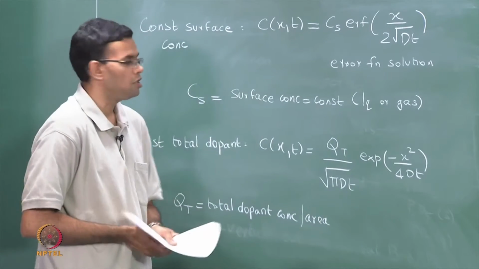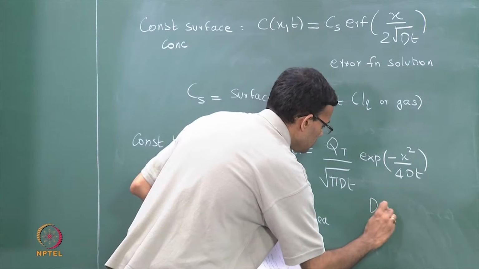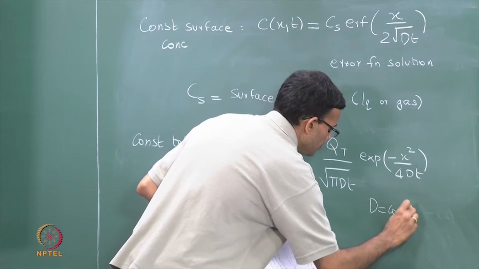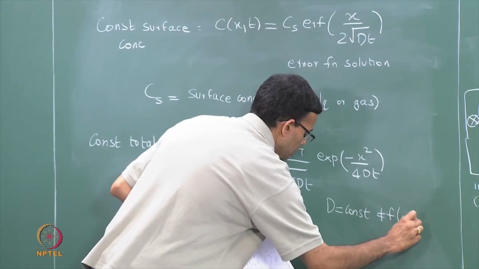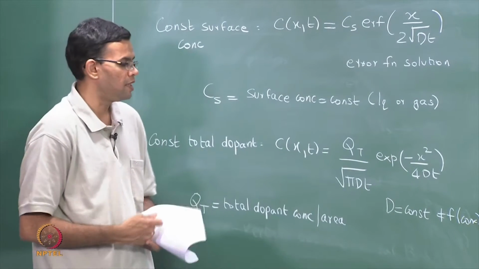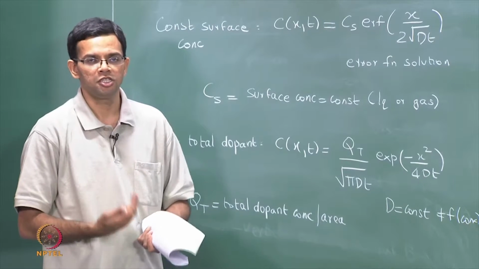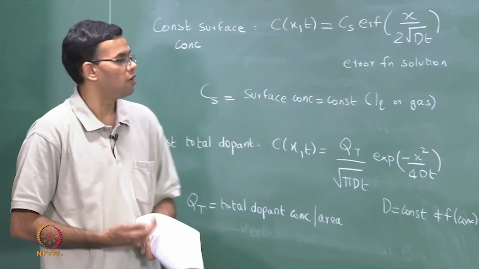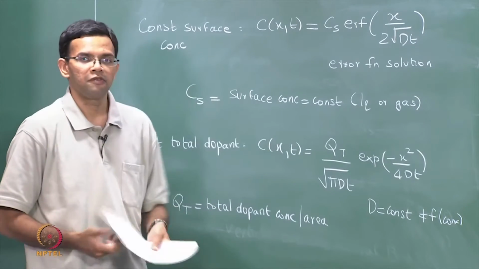So the assumption in both of these is that D is a constant and it is not a function of concentration. This is not completely true. For example, there could be some cases where the diffusion coefficient will also change with concentration, or in other words it will change with depth, so that the equations are modified.